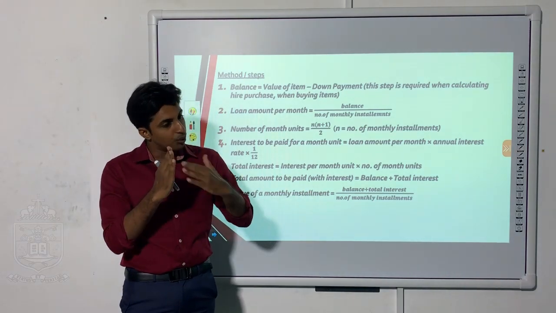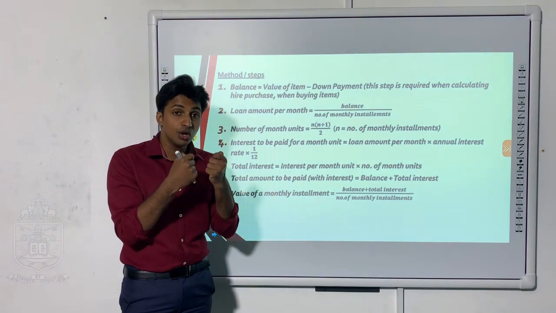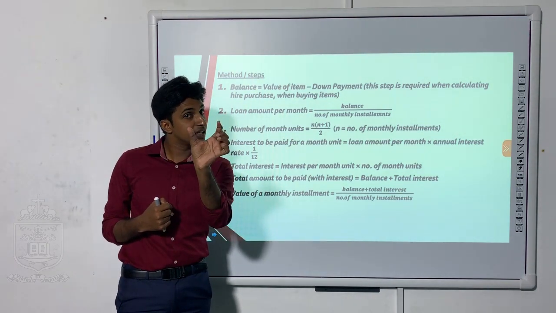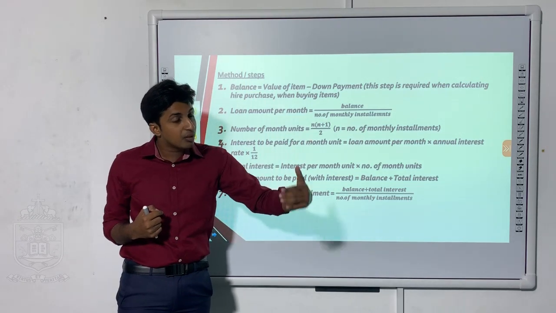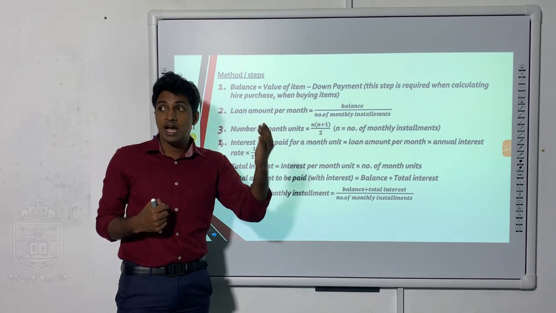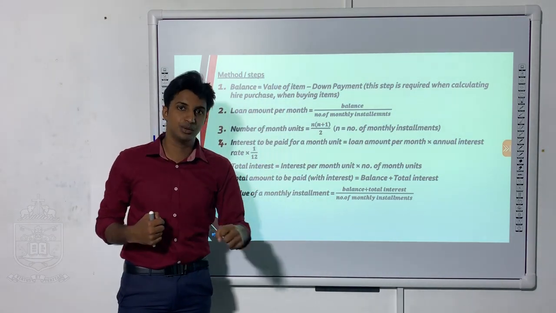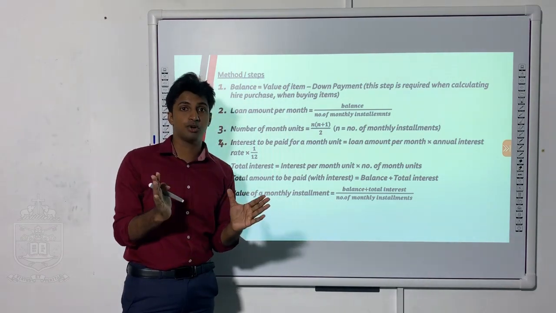For them, the whole entire thing will be calculated under hire purchase. For something you are going to buy, when you give a down payment, there will be a value that is going to remain. That remaining value will start decreasing from installment to installment, and to every decreasing amount, an interest will be added to that, right?